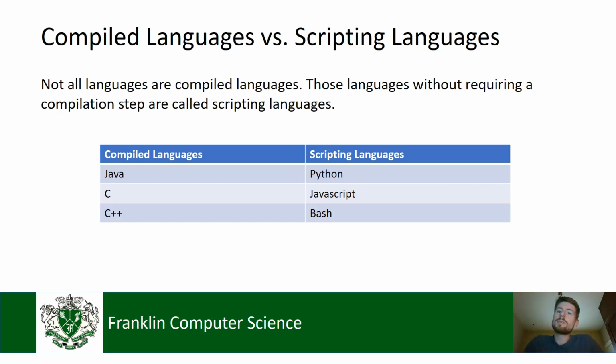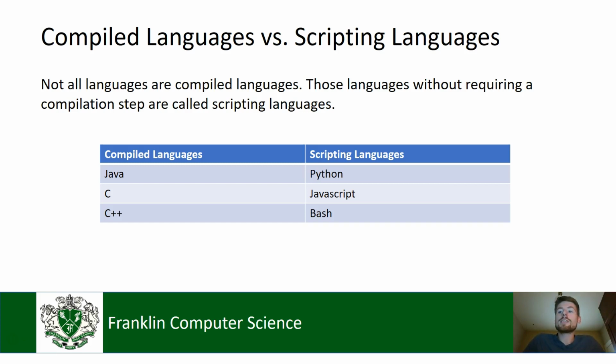So some examples of scripting languages I've written here are Python, JavaScript, Bash. If you've done any web programming, then you've probably used JavaScript. Python is another really common language for all sorts of things. It's pretty simple to get up and running, and it's used a lot in math and science, and it's a pretty popular scripting language out there.